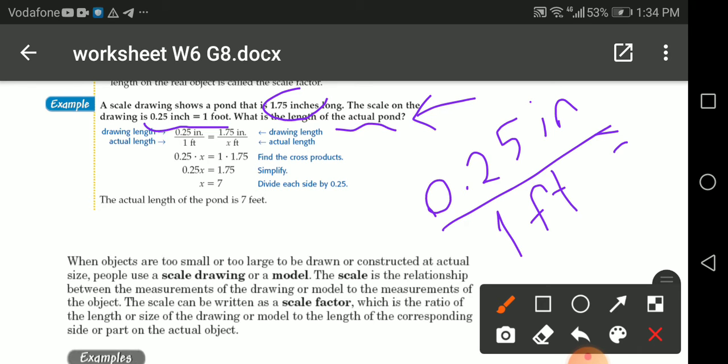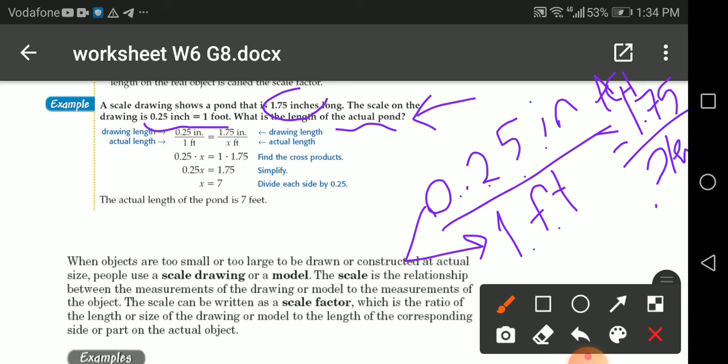What do you think? I have here 0.25 and I have here 1 foot. It's for the 1 foot. And I have here 1.75, and I need to know the actual length. Of course, this is for the actual. How many feet?